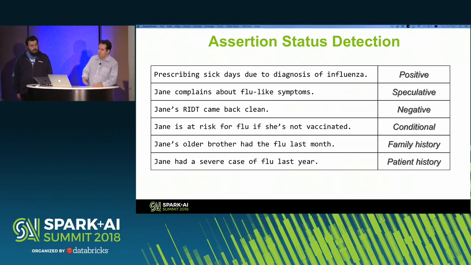In the healthcare space, it's really important to tell between Jane has the flu, Jane does not have the flu, Jane complains about having the flu, which means maybe she has it, maybe she doesn't, Jane shows flu-like symptoms, or Jane's test came back negative for flu. So I really need to know whether something is positive, like a positive diagnosis, or I'm giving you this medication, versus a negative diagnosis, versus the more common case, which is a maybe.